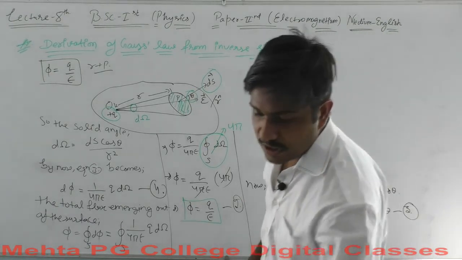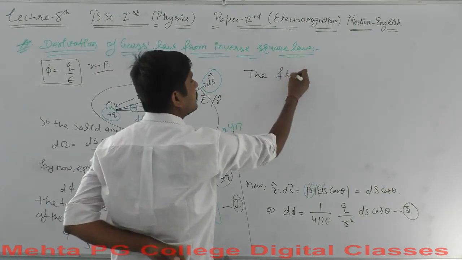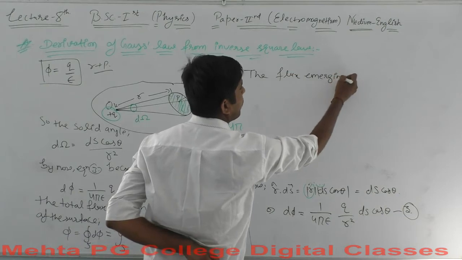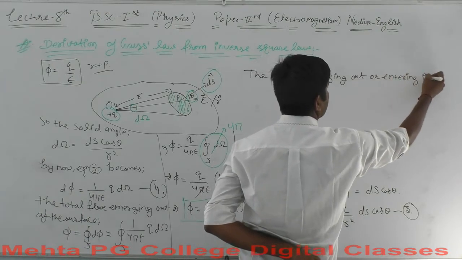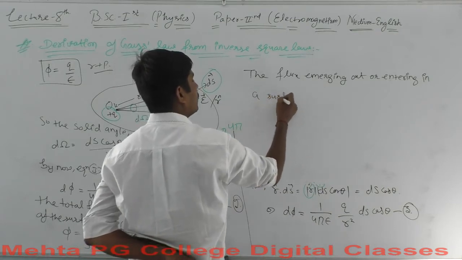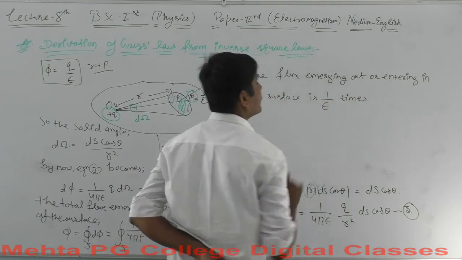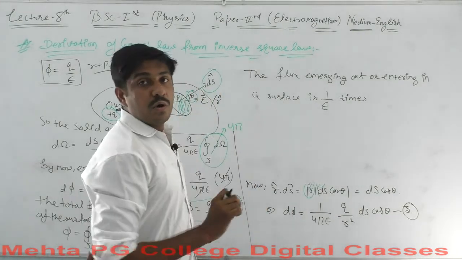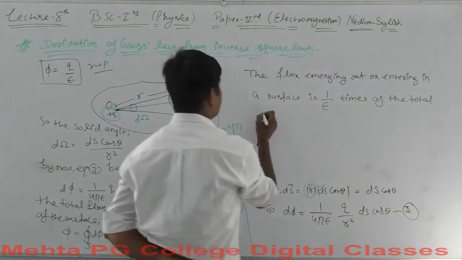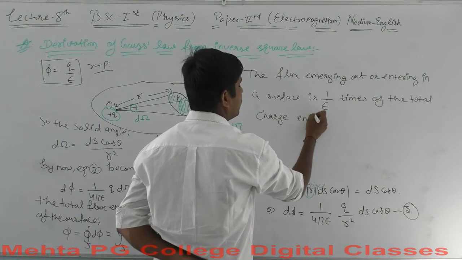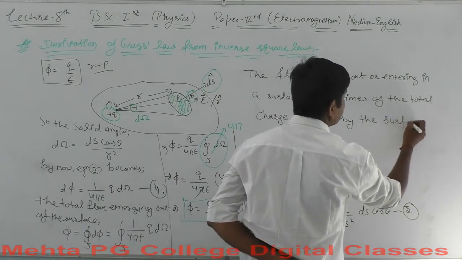So how will you define Gauss's law literally? The flux emerging out or entering in a surface is 1 over epsilon times the total charge enclosed by the surface.